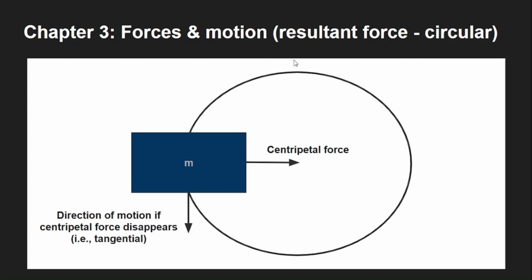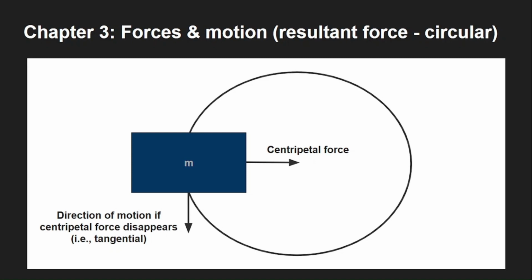And when it's at the top here, it's going to have a tangential direction moving towards the left. Just at these 4 points, but at every point really, the direction of motion of the object changes. So if the direction of motion changes, the velocity is changing at every point in a circle, and the object is accelerating throughout its circular motion.